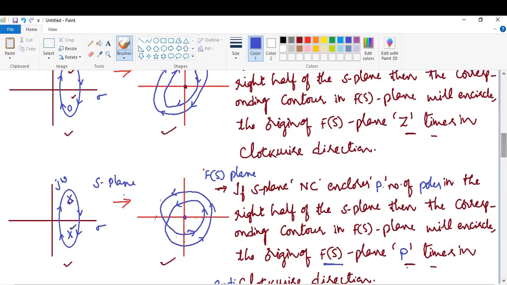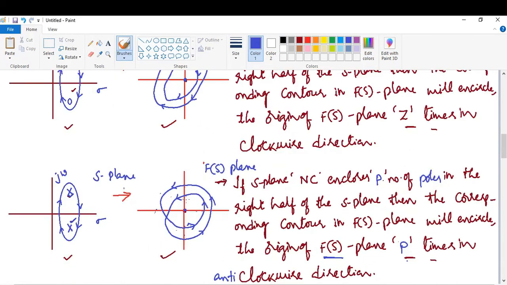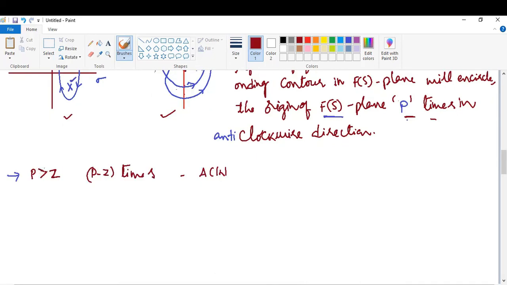Do you understand the difference between these two? In this way, there are some more points we can understand: if P is greater than Z, if P is less than Z, and if P is equal to Z, then what happens? Suppose there are P poles and Z zeros located in the right half of the S plane, and P is greater than Z, and both poles and zeros are enclosed by the Nyquist contour.